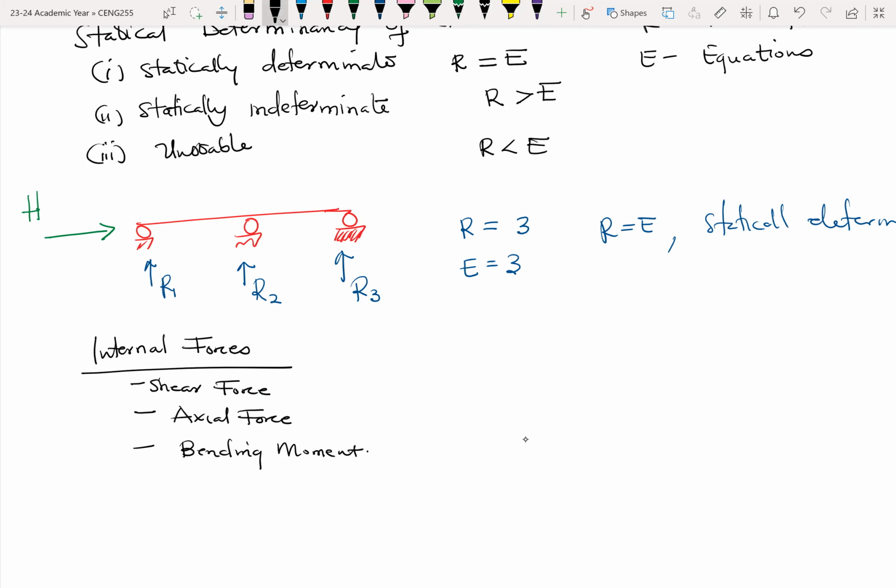So these are the internal behavior of the structure, in terms of how they're able to transfer loads from one point to the other through this internal behavior.